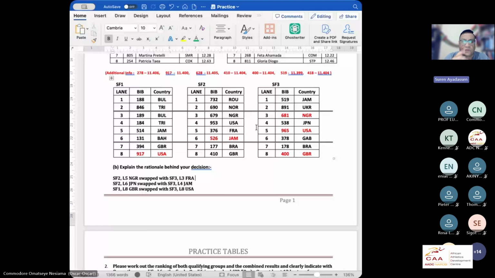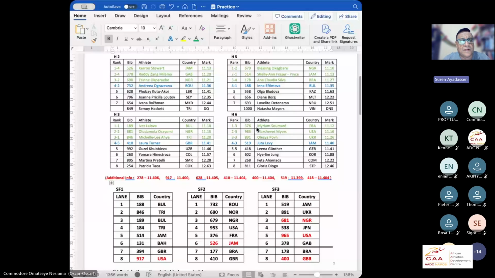Now we come to the other part where you need to bring up the 6 additional athletes, and I purposely put here the draw, which in the mode of qualification as decided by the TD will be the 6 best times. Now you see I put a level of difficulty inside to ensure that there are times which are so close together that you need to go to the 1,000th.